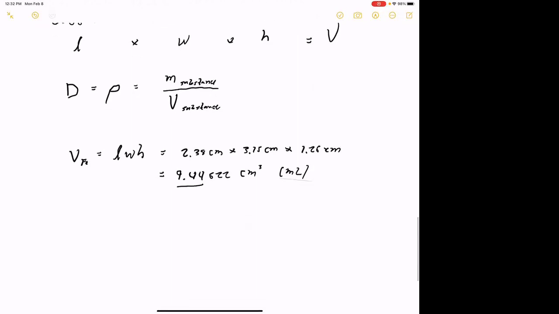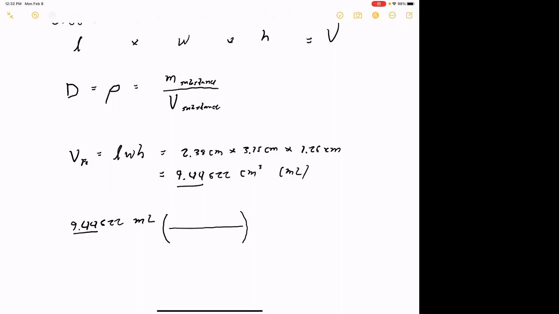Now I'm going to go ahead and use this as my given in my conversion. So I'm going to write 9.44622, underline my 3 sig figs here. I'm going to call that milliliters, which is the same as a cubic centimeter. And now I can use my density as a conversion factor to get to mass.